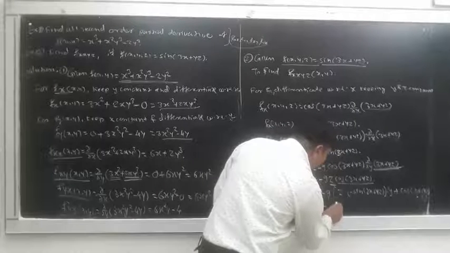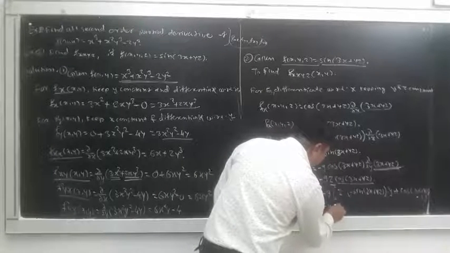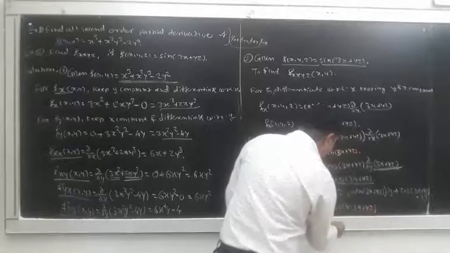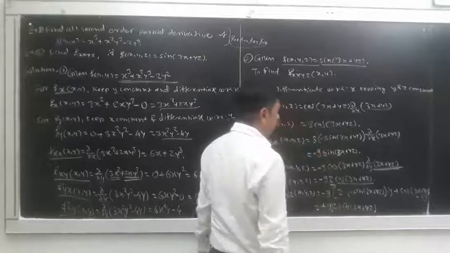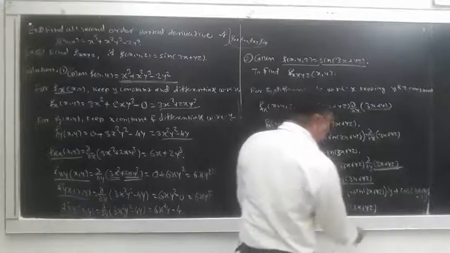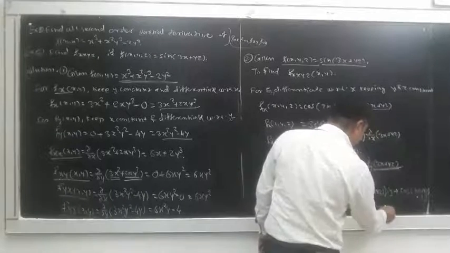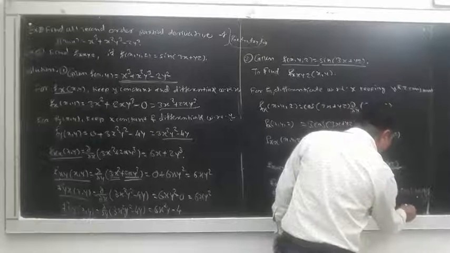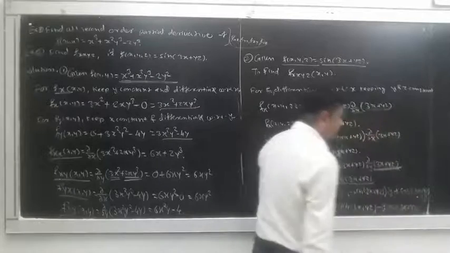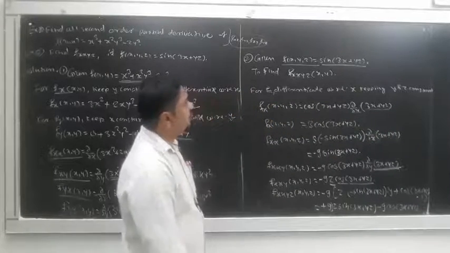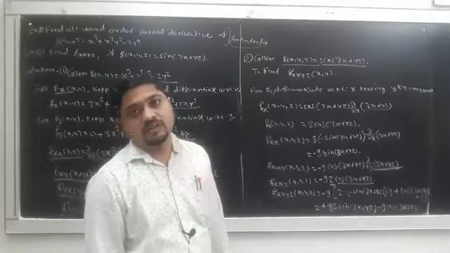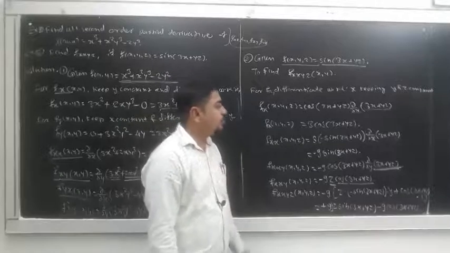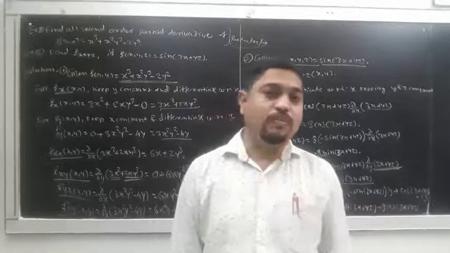Here minus becomes plus: 9yz sine of (3x plus yz), minus 9 cos of (3x plus yz). So in the same manner you can solve so many problems. Just check your calculation and go slowly, then you will be able to solve it properly.